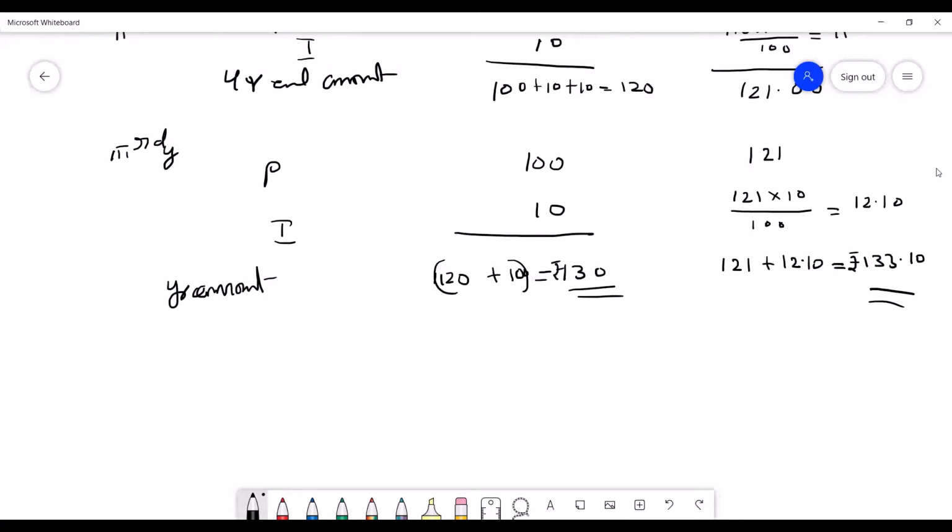So interest earned by compound interest method is 133.10 minus 100, so if one is moving to compound interest method rather than the simple interest method, then he can earn 33 rupees 10 paise.